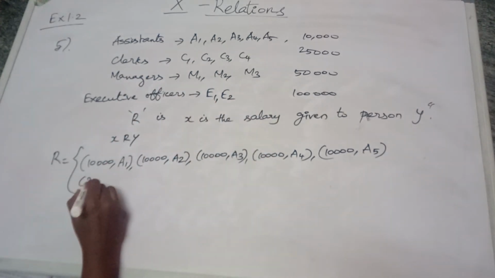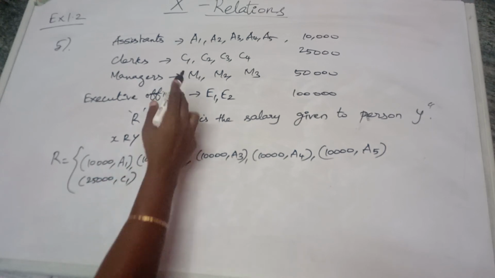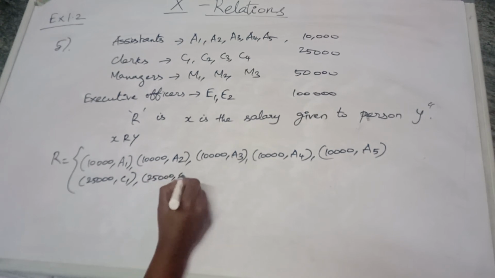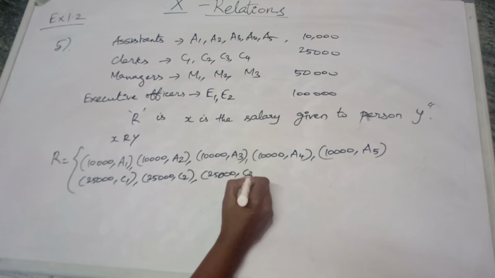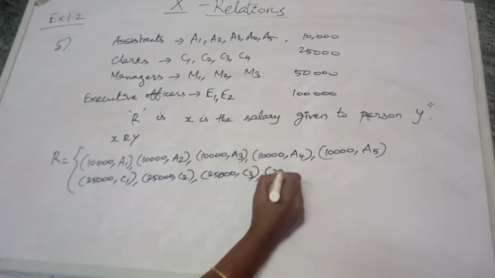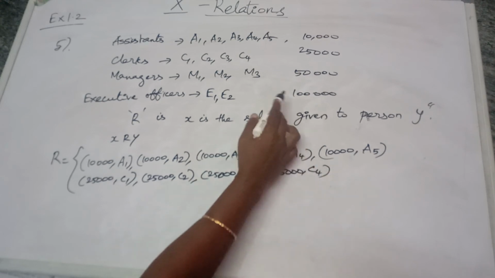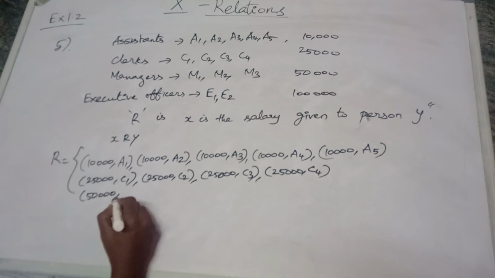Okay, and the next one is 25,000 for clerks. 25,000 for clerk 1. How many clerks are there? 4 clerks are there. So 25,000 for clerk 2, 25,000 for clerk 3 and 25,000 for clerk 4. And then the next one is 50,000 for managers. So 50,000 for manager 1.